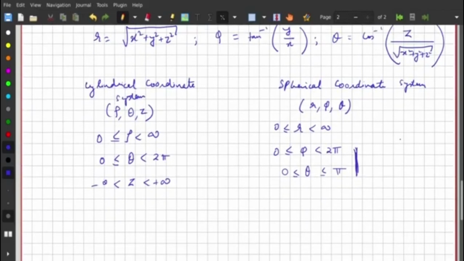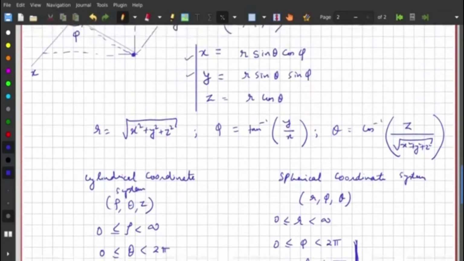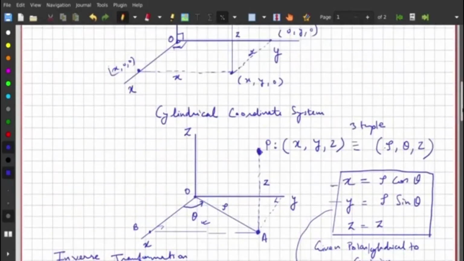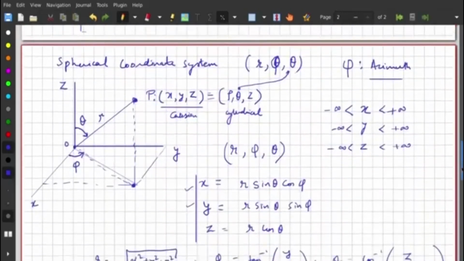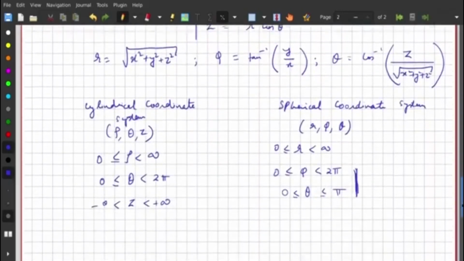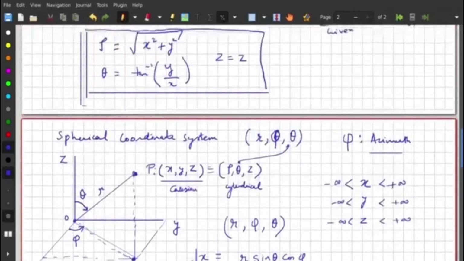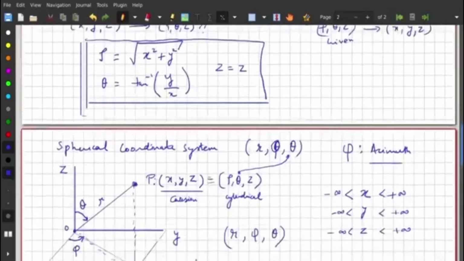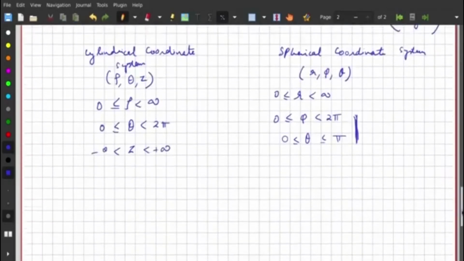So that's the generic understanding of all the three types of coordinate systems, and we will generalize all these ideas, because what we want to do is basically vector calculus in all these coordinate systems. That's our main goal.